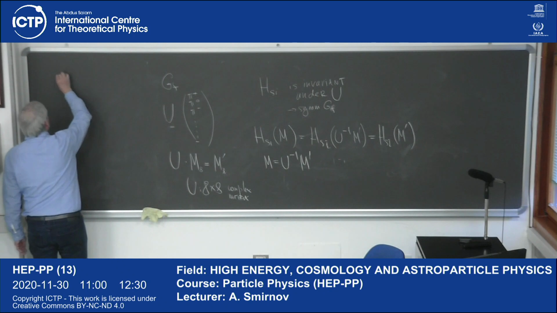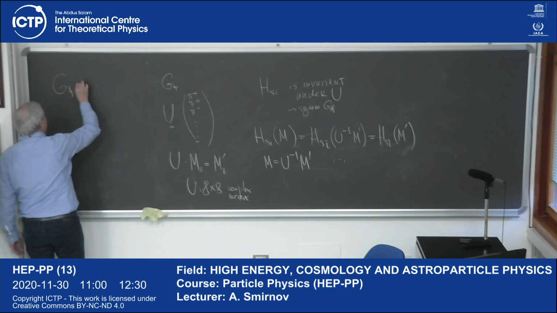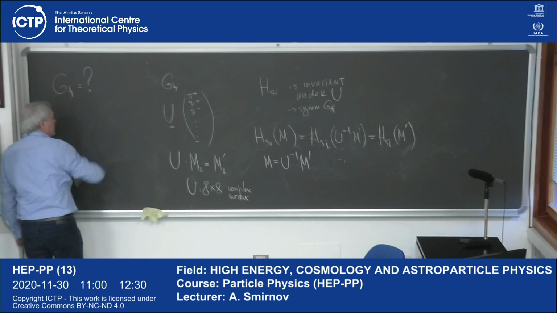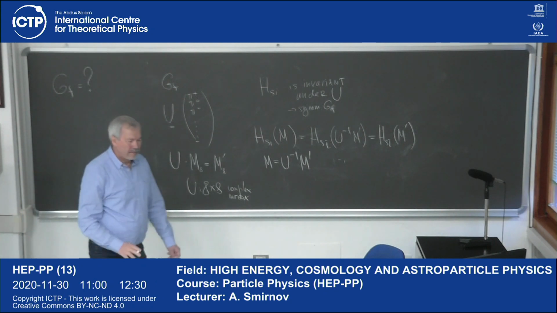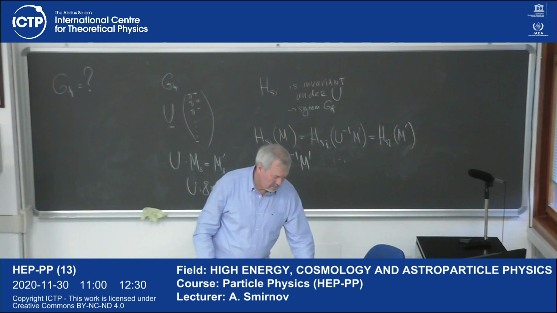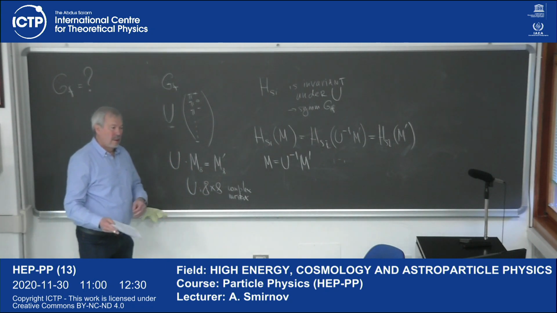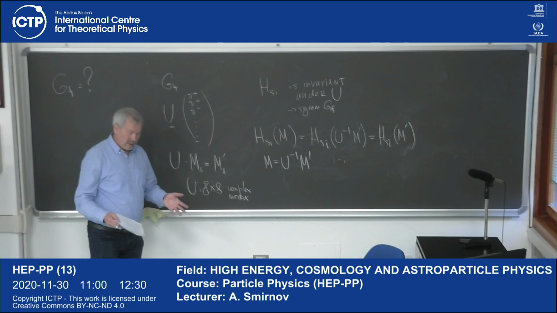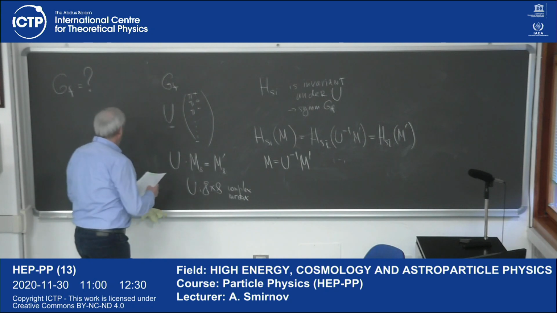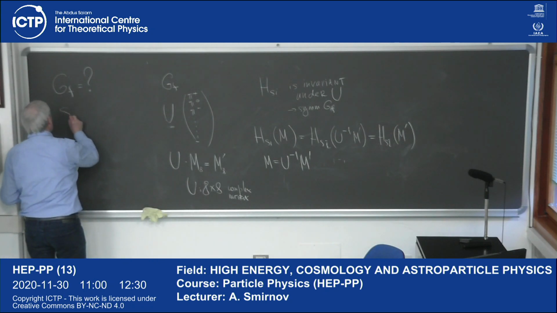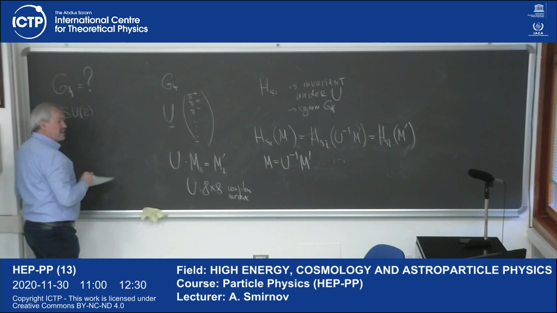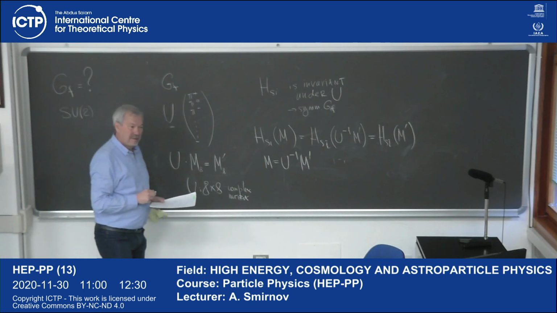Now the question is, what is this group GF? So you need to find a group which has representation 8. And for instance, SU2 has representation 8.